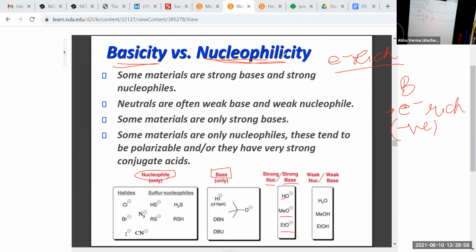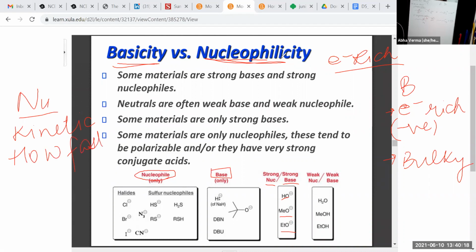This comes because a base also needs to be a bulky material. Nucleophilicity is kinetic based: how fast the bunch of electrons can move. Basicity, on the other hand, is not for movement, it is for polarization. Okay?